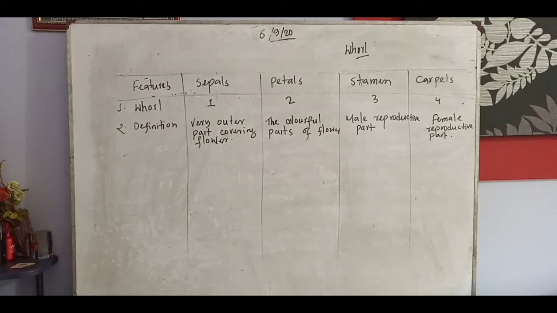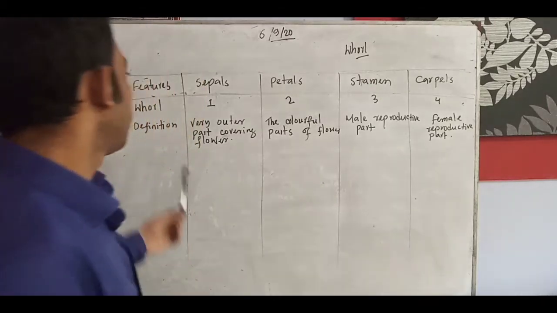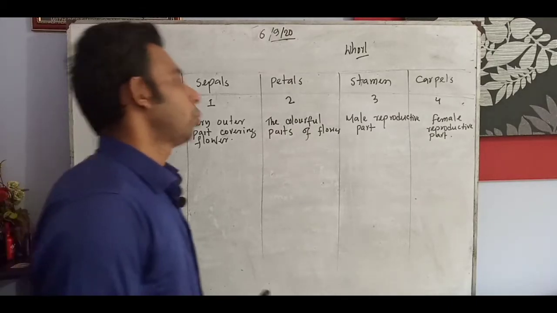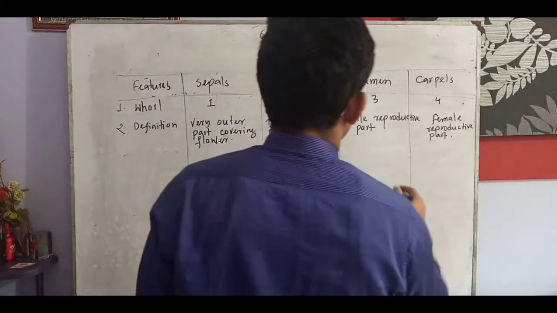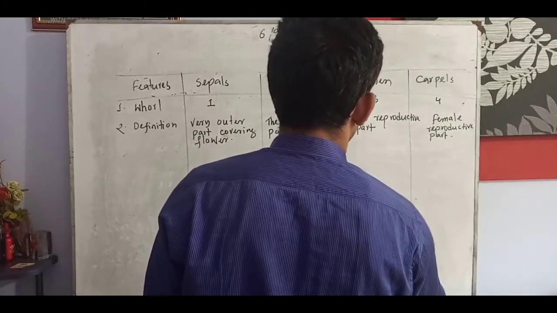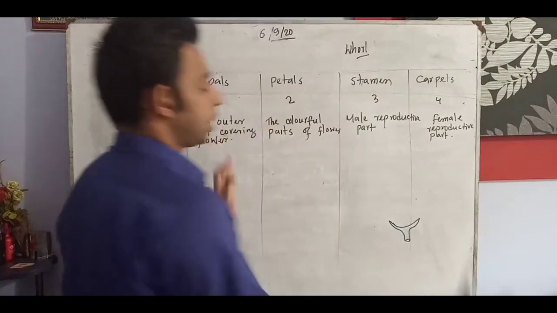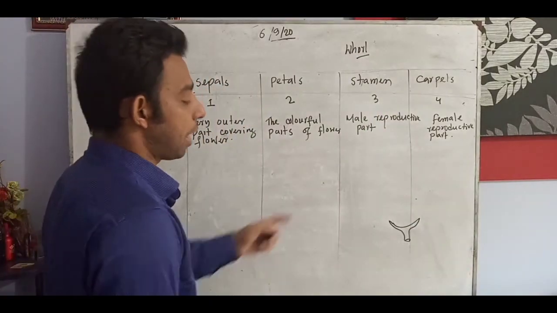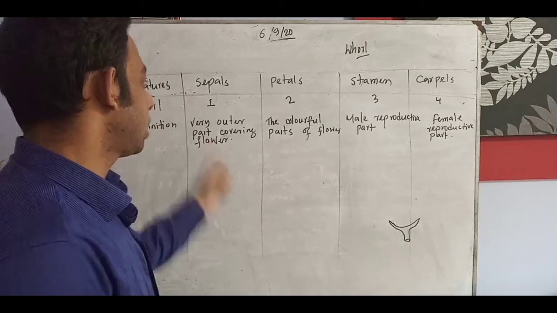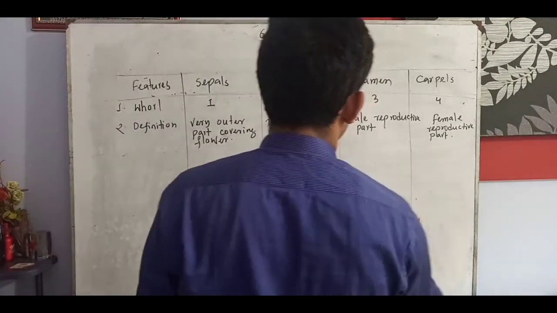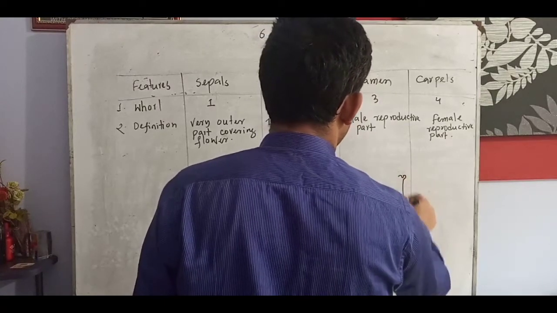That means what we are actually going through. I have seen many of you joining and also many of you leaving, I don't know why. The very outer part covering the flower, that means any flower parts we see, the very outer part covering that is the sepals. And the colorful parts, we have seen the many colorful parts that we drew in the very last class.